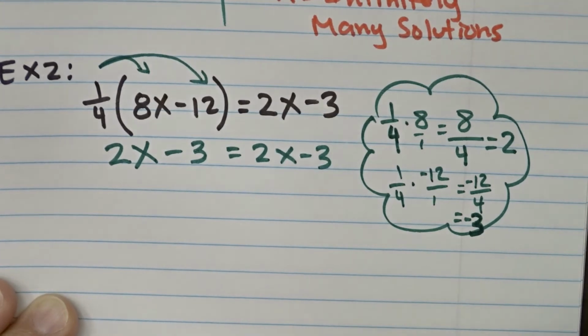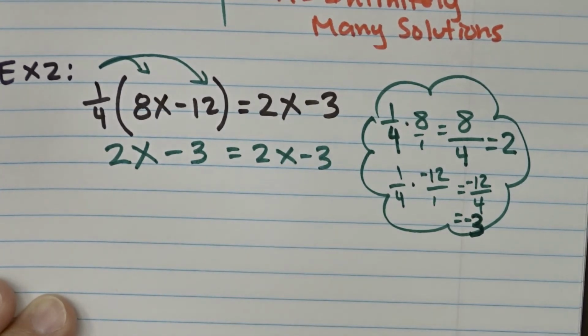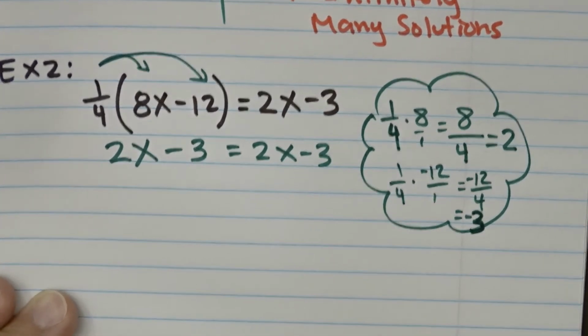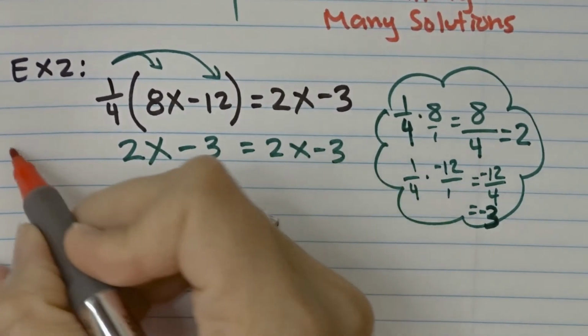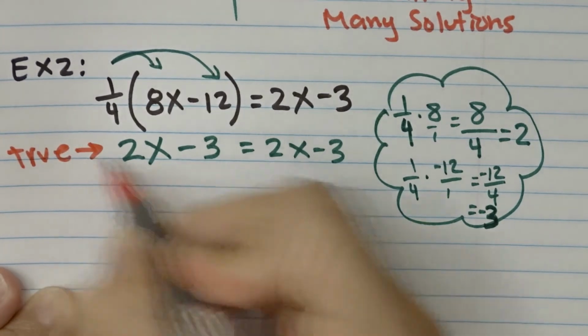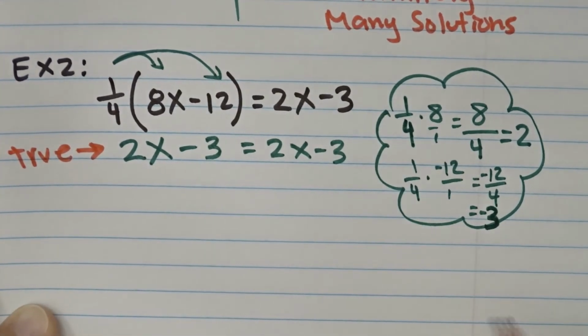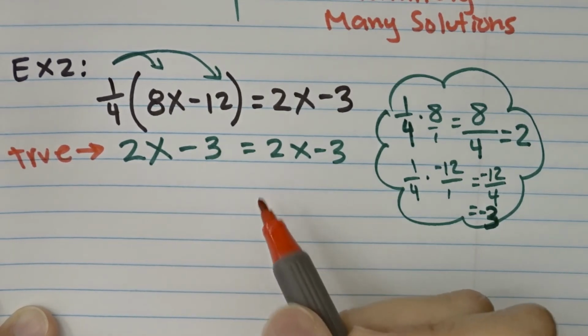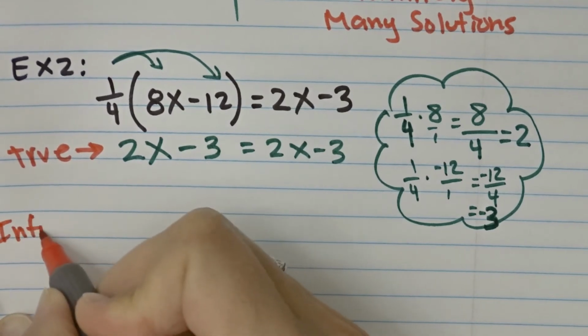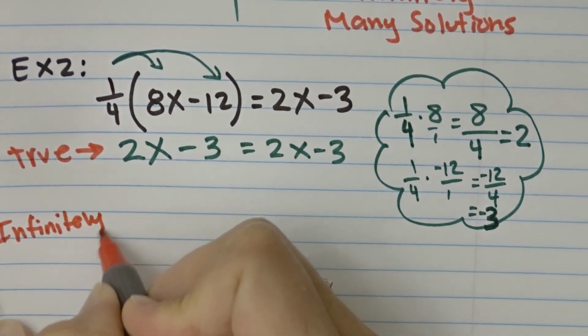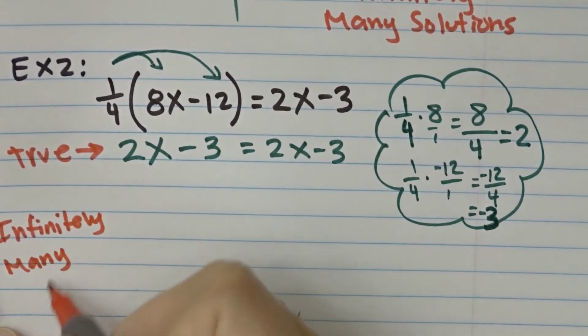And again, you notice you end up with the same equation on the left side and on the right side. Now, at this point, I can stop and say, that is true. And when I have a true statement, no matter what x is, it's always going to be true. So we can stop right here and say it has infinitely many solutions.